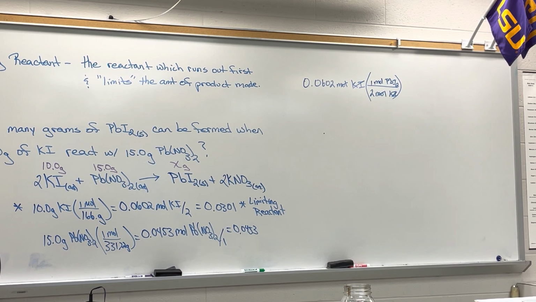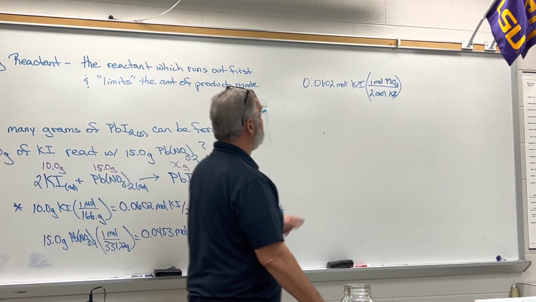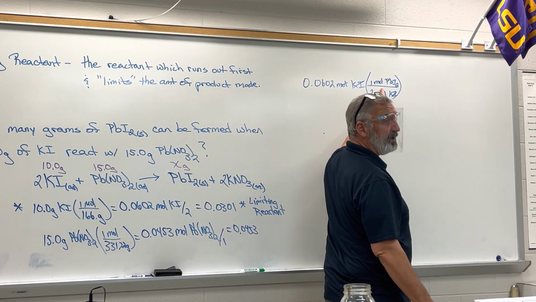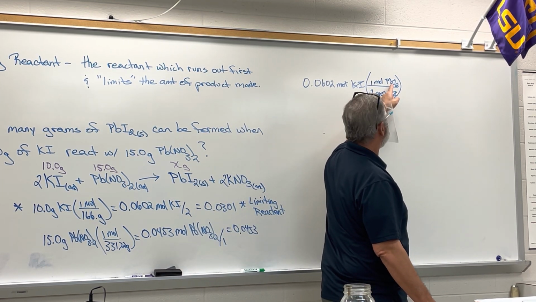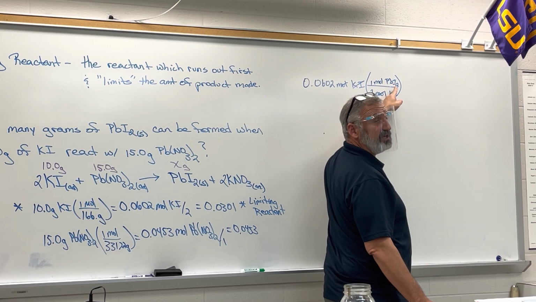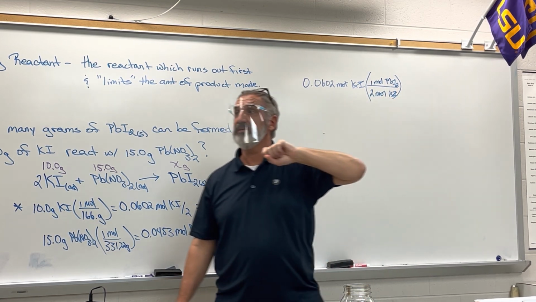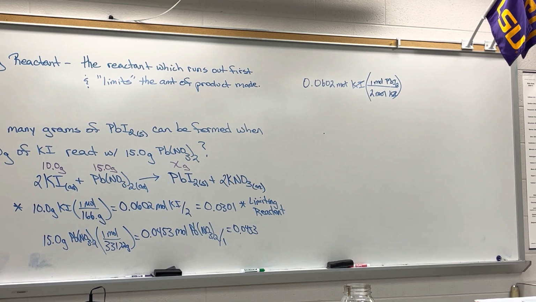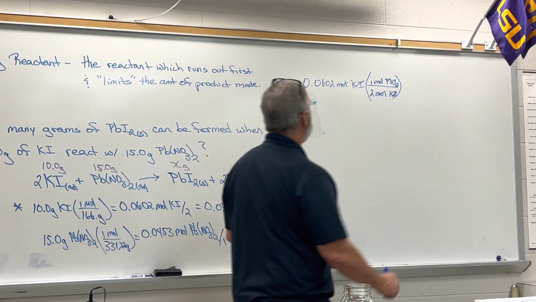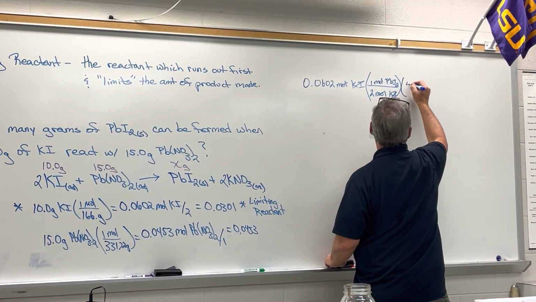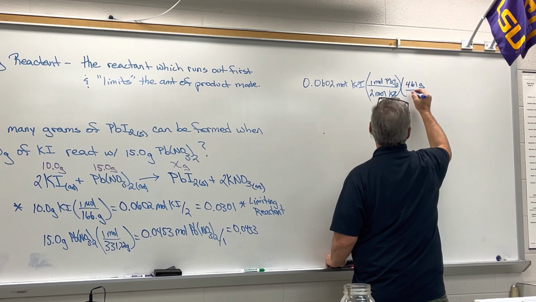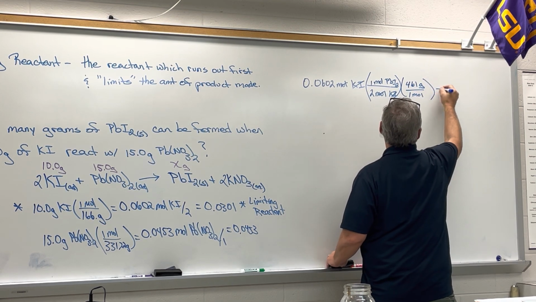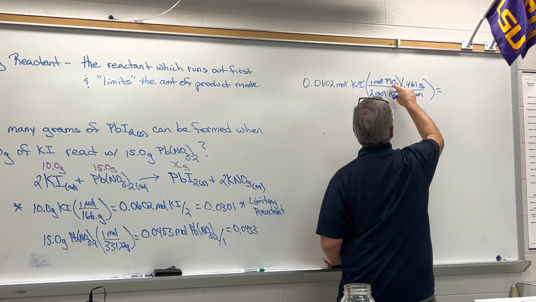1 mole over... Well, where does moles need to go this time? The bottom. On the bottom, so put the grams on the top. So 207.2 plus 126.9 times 2, 461 grams over 1 mole. Moles cancel, we're left with grams of PbI2.